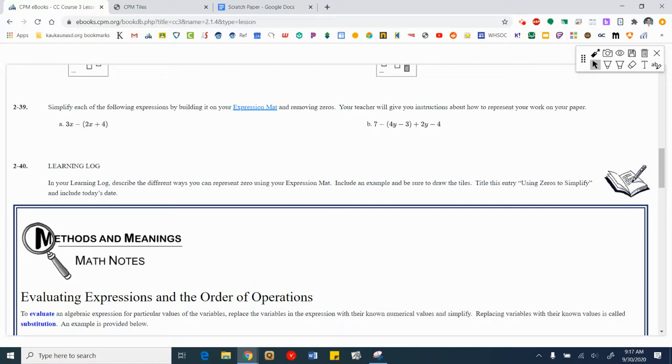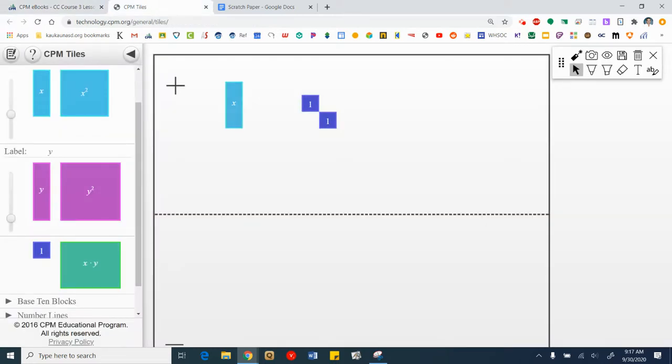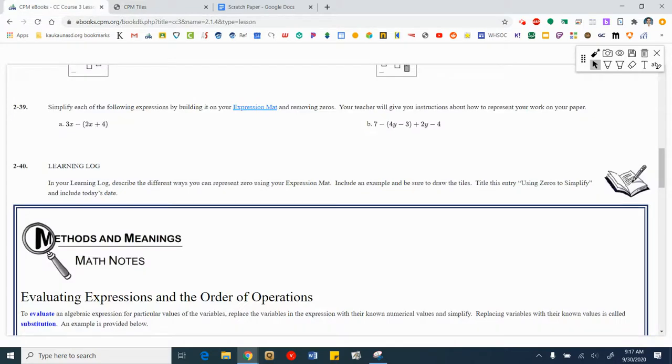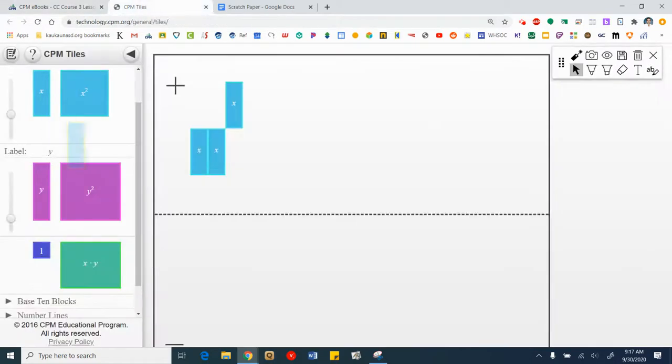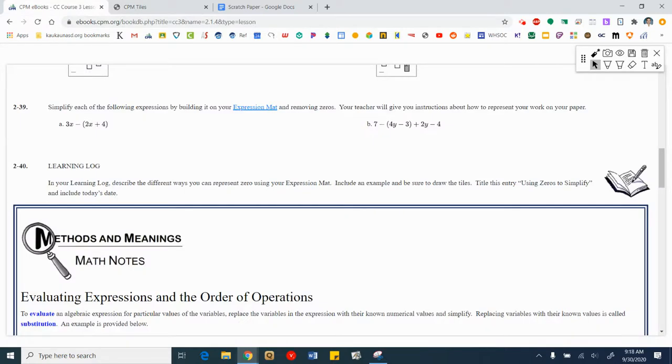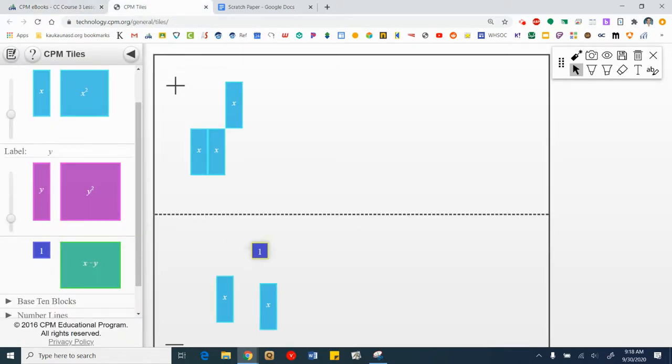So we're going to start by building 3x minus 2x plus 4. Excuse me, minus a positive 4.